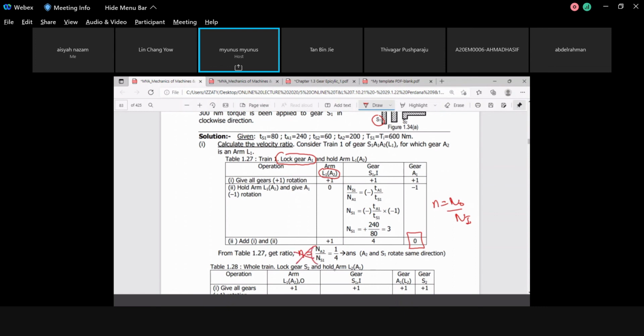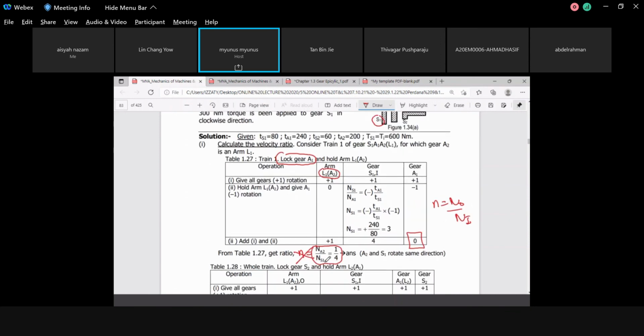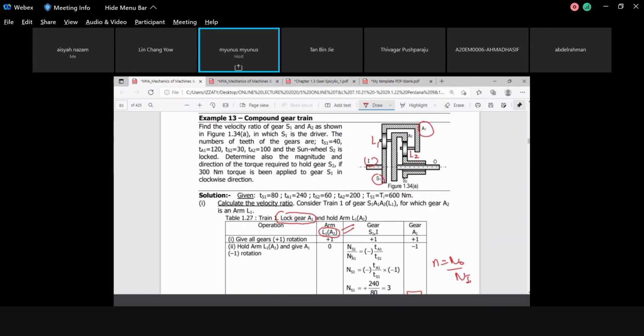It's this one only. Okay, I'm running out of time now. So now the next one. Consider the whole train. Look at the extension, L1. L1, A2. Go back here. This one is L1, isn't it?